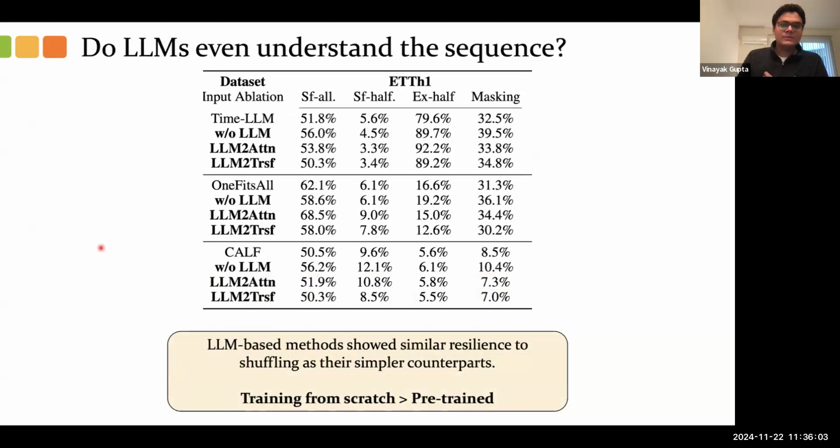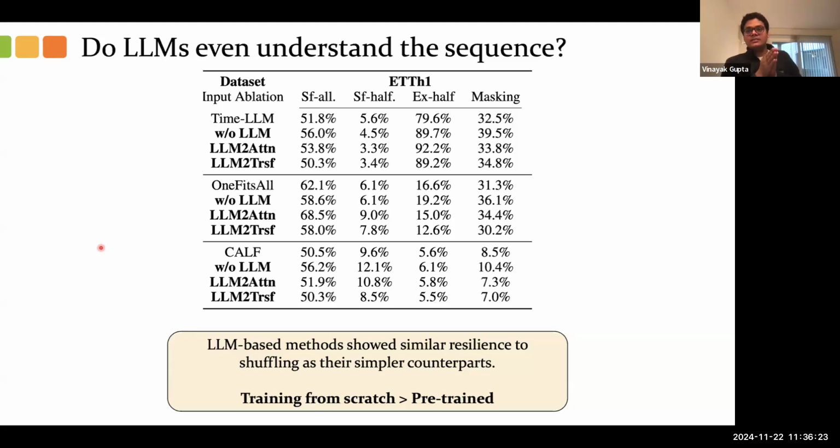Now let's do one more task: are LLMs robust to some sort of noise in a time series? We try to introduce noise or jumble up the events in it. Does the LLM actually understand what a time series is? Does it understand that there is a sequential nature to a time series?